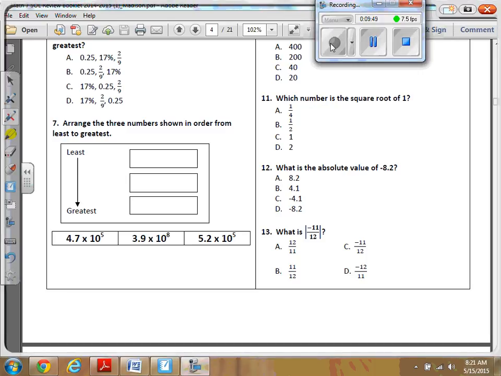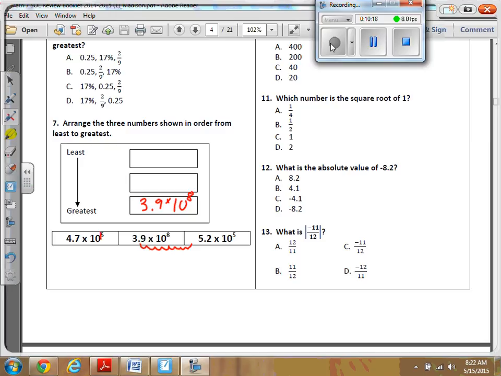It says arrange the 3 numbers shown in order from the least to greatest. So which one of these is the least? Now you could actually do those little loop-de-loops and draw it out, but you don't have to. Can I look at these and tell which one is my greatest one? Which one's the greatest? 3.9 times 10 to the 8th, because I know I'm going to move this decimal 8 times, so that's going to be a really big number.